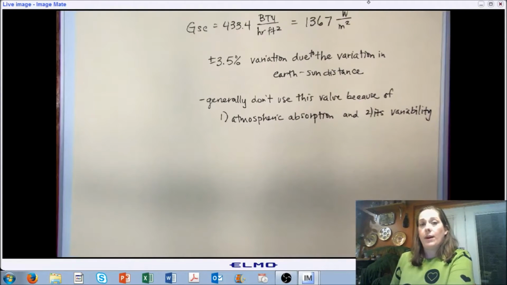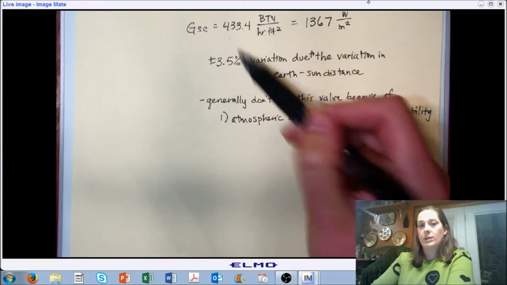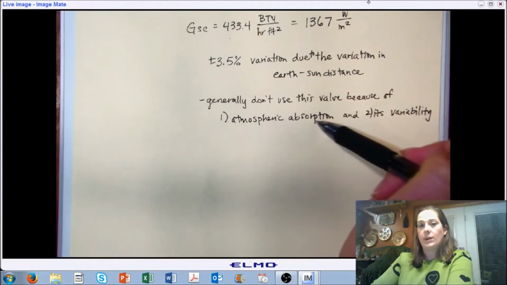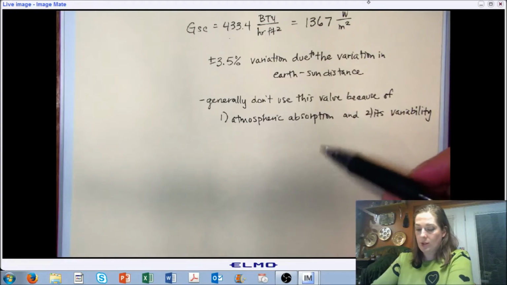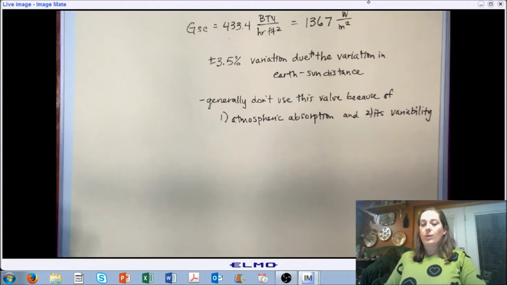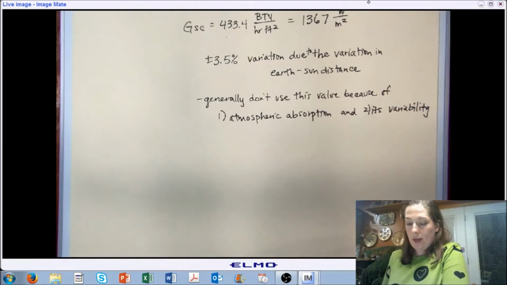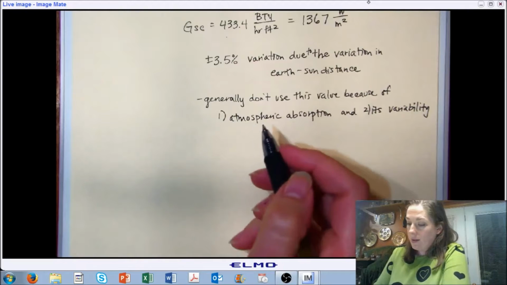But you can expect that the value that's coming onto the Earth's surface is going to be something less than this, because certainly the atmosphere is going to absorb some of the energy and it will never reach the surface of the Earth. So we do have a process by which we estimate what's coming onto the Earth's surface.